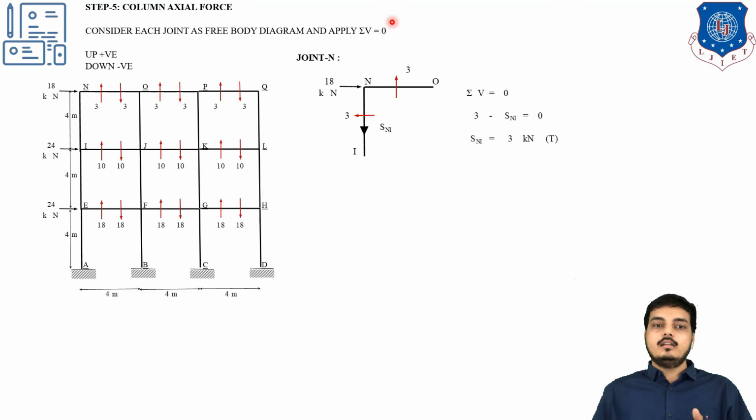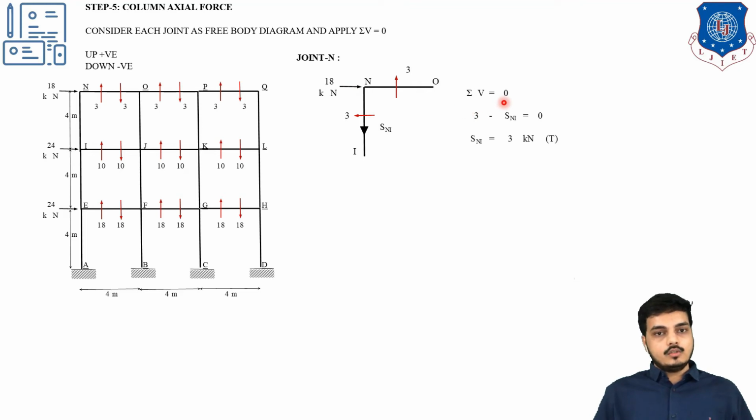Now here we are considering summation of V equals 0. So this is my vertical force, this is my horizontal force. So this will and this will not need to come directly, this will be coming. Now what we need to assume. So here I have assumed upward as positive and downward as negative. So the force is coming in upward direction. For this particular member NI, I have assumed SNI as its name, and for the opposite to it, as it is going upwards, I have assumed downward.